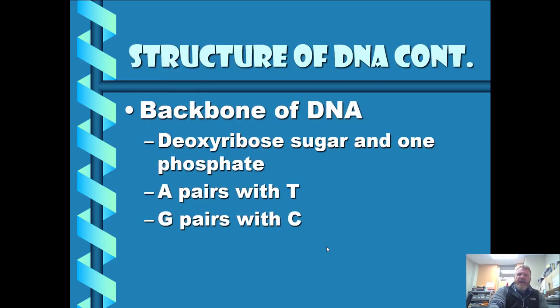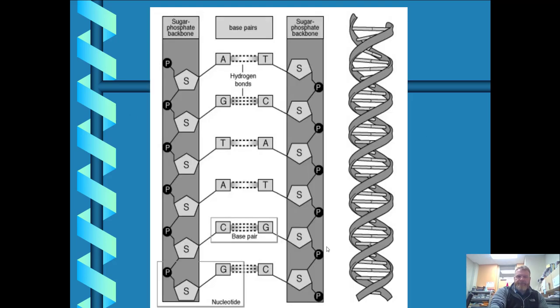So once again, the backbone of this is the deoxyribose and the phosphate, and then as always, A pairs with T and G pairs with C. So you can see here, we have the sugar backbone. So here is a nucleotide. Let's just mark off one. The P is for our phosphates. The phosphates are how each one is bonded together, like I said, north to south.